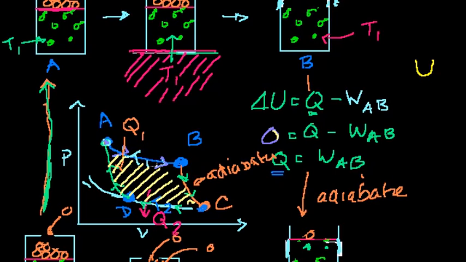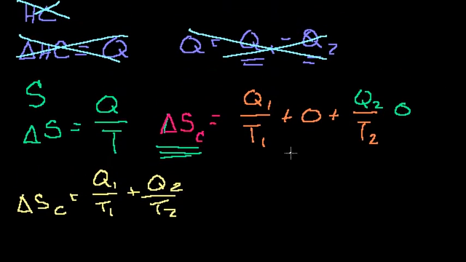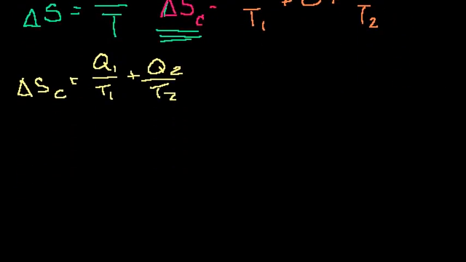So it's the area under this curve, not just the area in the cycle. It'd be the whole area under the curve. So what's the whole area under the curve? Well, let me do a little aside here. Q1 is equal to the work done as we went from A to B. And work, remember, can just be written as pressure times change in volume.